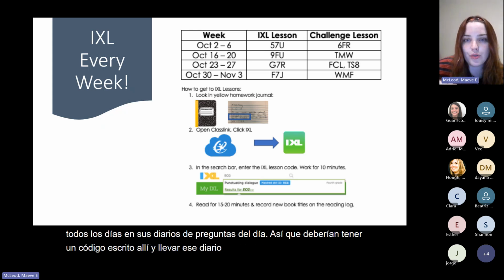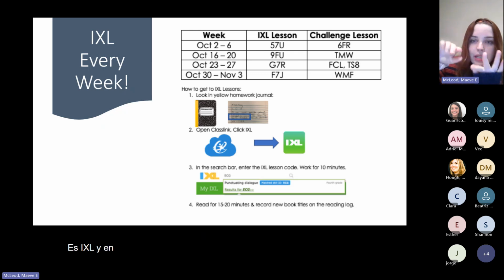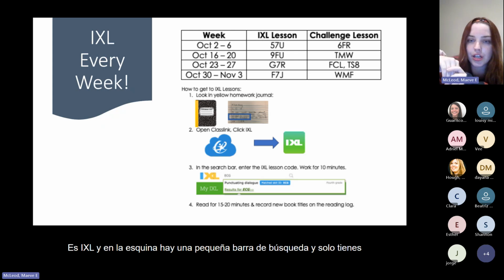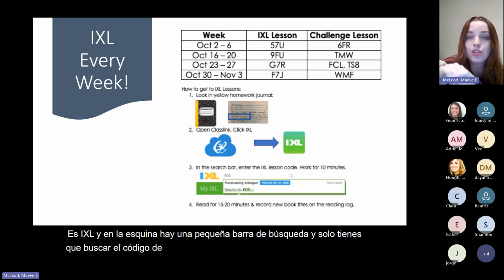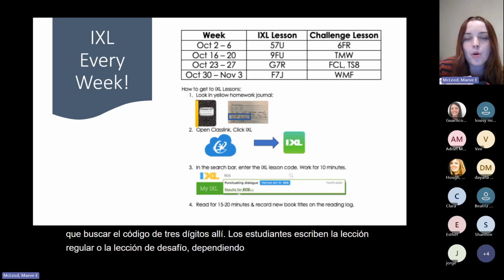From there, you go to ClassLink. Same as math, it's IXL. And in the corner, there's a little search bar, and you just have to search the 3-digit code there. Students either write down the regular lesson or the challenge lesson, depending on how they do in the morning with our question of the day.